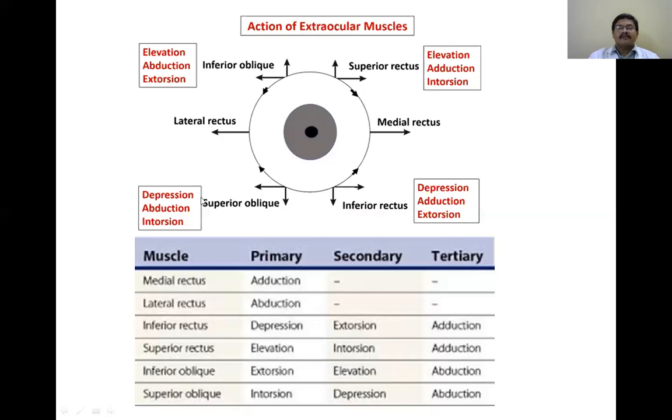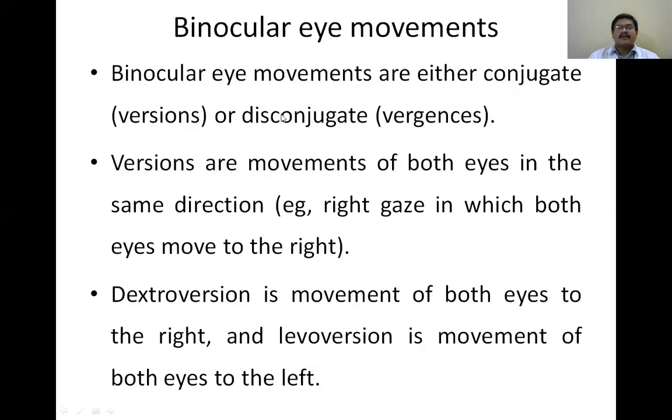The superior oblique will cause depression, abduction and intorsion. These are the primary and secondary functions of the obliques and the recti. The lateral rectus and the medial rectus have only a primary function: the medial rectus, adduction, and the lateral rectus, abduction.